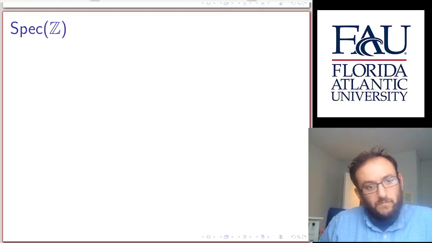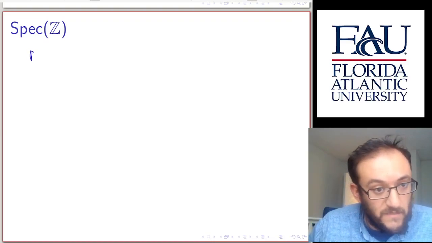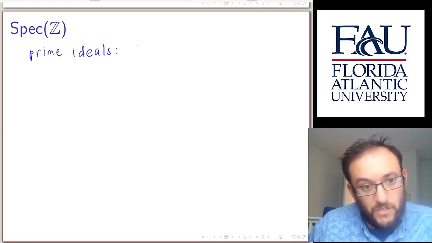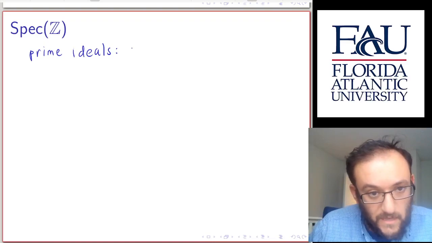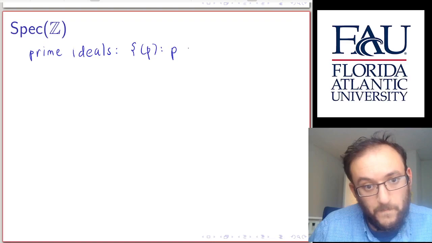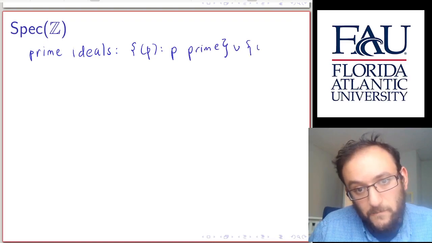Now let's consider Spec Z, where Z is the integers. So the set of prime ideals of Z is just the set of principal ideals generated by a prime number, as well as the zero ideal.